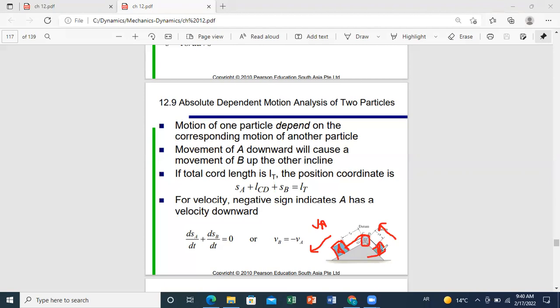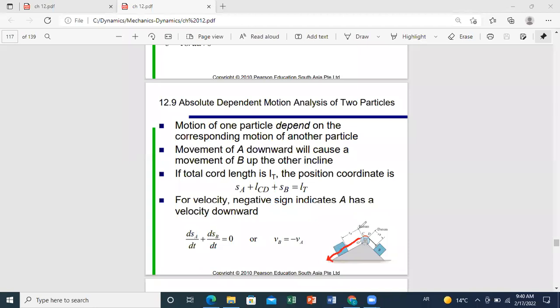But for more complex cases, it's not easy to relate directly the velocities and accelerations. So we need to develop a technique allowing us to relate velocities and accelerations of your blocks. To do this, you say first, how many coordinates do I need to describe motion of my blocks? First, A is moving along this direction, so I need a coordinate for A. And whenever I set a coordinate, I need a certain reference line.